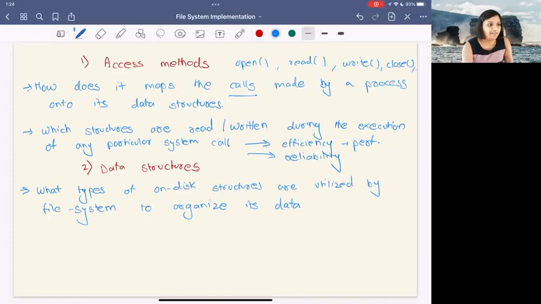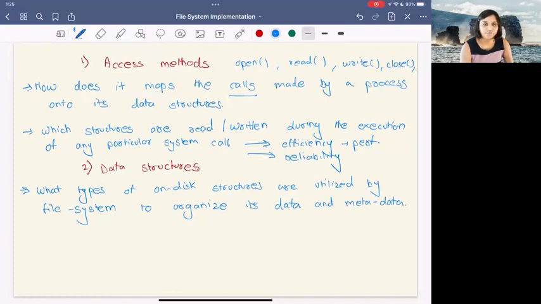Like, as we know that every file has a unique inode number and inode structure, that is itself a metadata. So we want to organize data and metadata as well. Now, what are different possible data structures? Any thoughts?